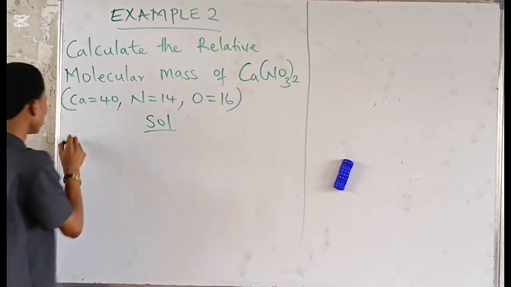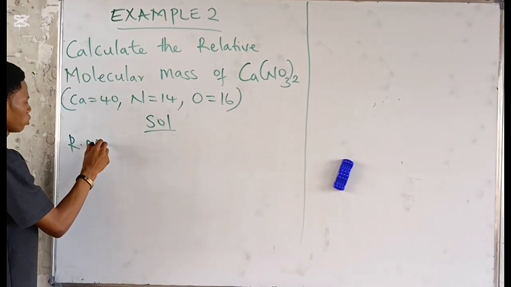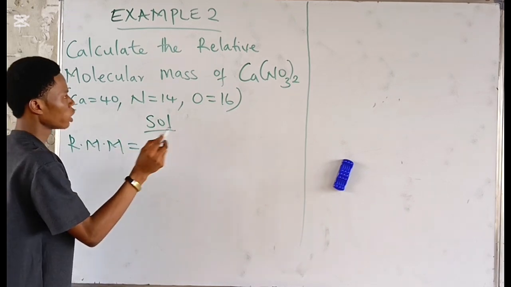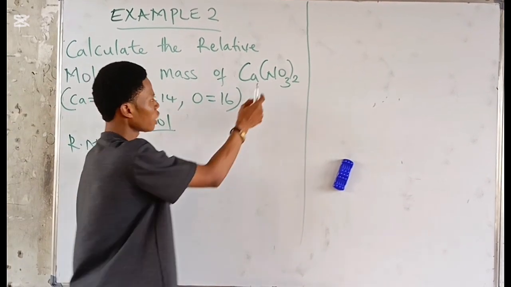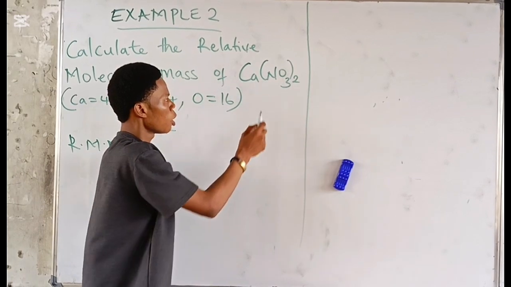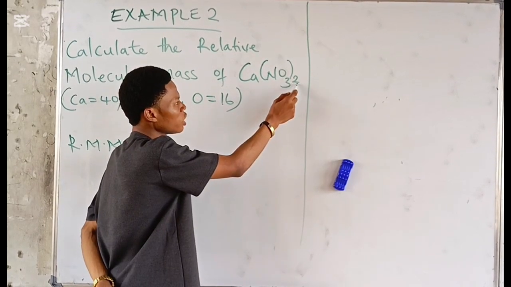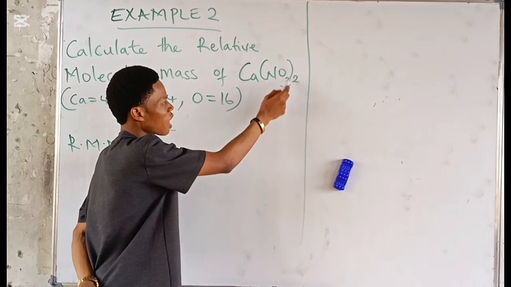That means that the relative molecular mass here will be equal to the relative atomic mass of calcium plus that of nitrogen and oxygen.